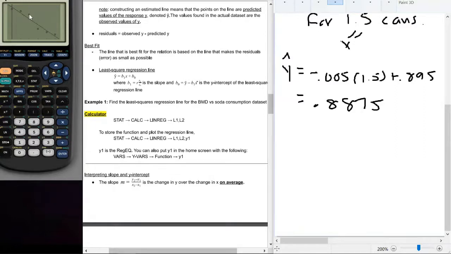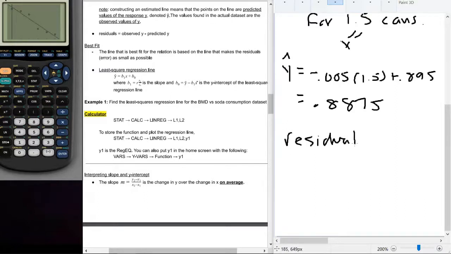Did our best fit line go straight through the observed data point? No. The best fit line is not a perfect line. The gap in between is an error with our model, an error with our equation. It didn't perfectly predict for 2 sodas consumed. That gap in the middle is called a residual.